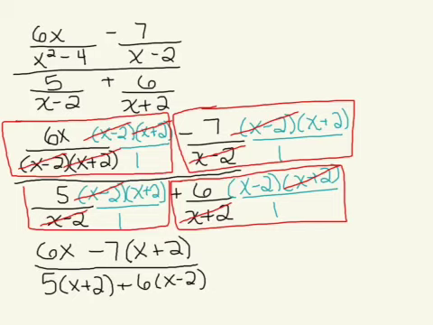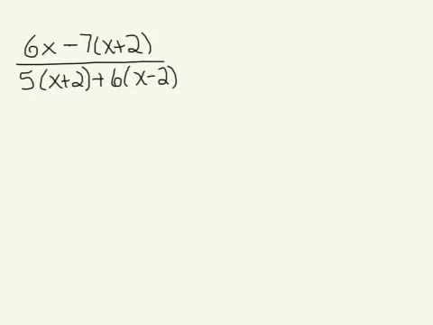Okay, from this point we're going to need to do some simplifying of the expression and see what you can do in order to clean it up. We're going to want to distribute the minus 7 in the numerator, so that would be minus 7x minus 14. And then in the denominator we're going to distribute the 5 and the 6.